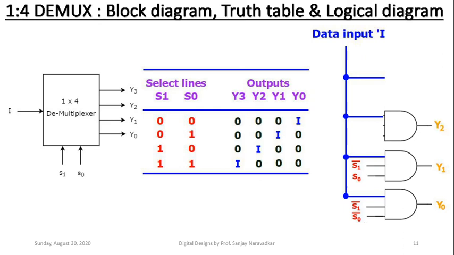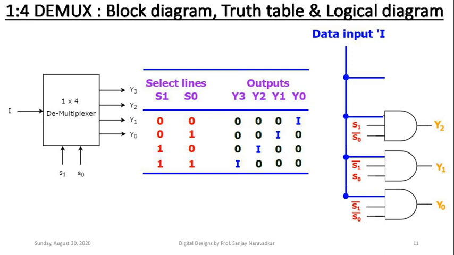From the truth table, input I will be steered to Y2 whenever S1 is equal to 1 and S0 is equal to 0. So S1 is directly connected because S1 is equal to 1, and S0 bar because S0 is equal to 0. Accordingly, the inputs are connected here for that third AND gate.